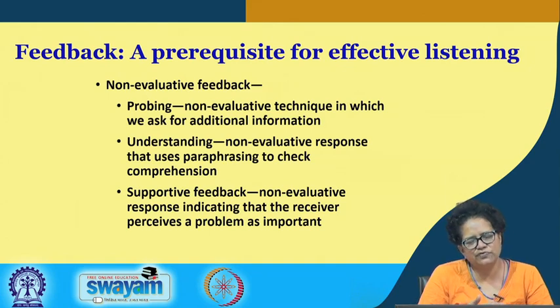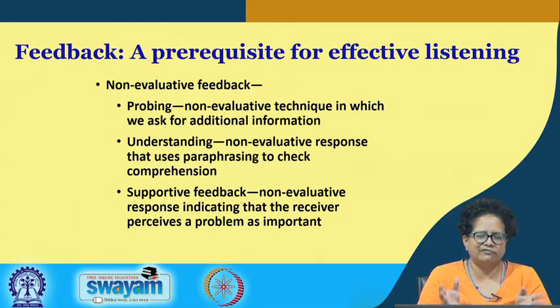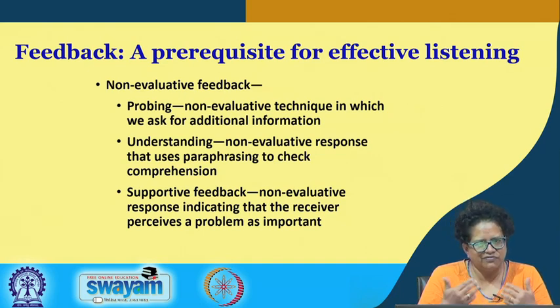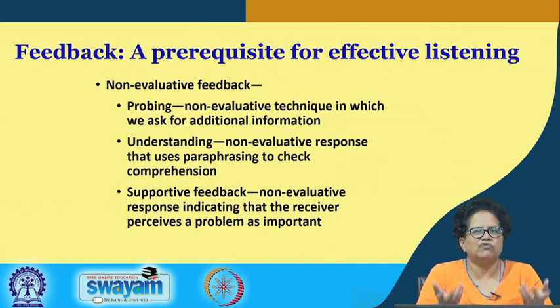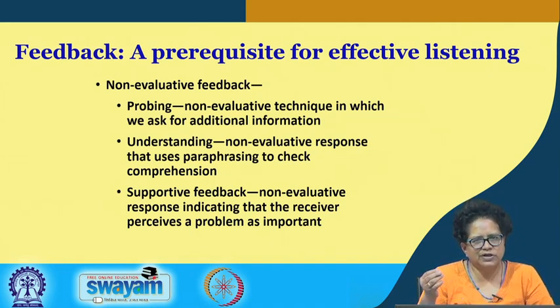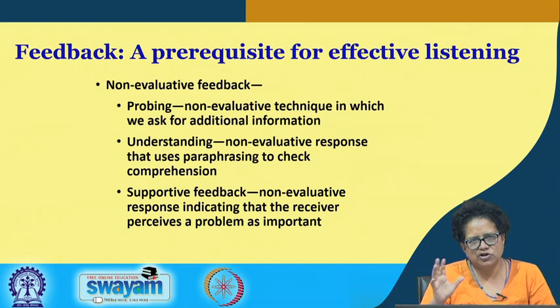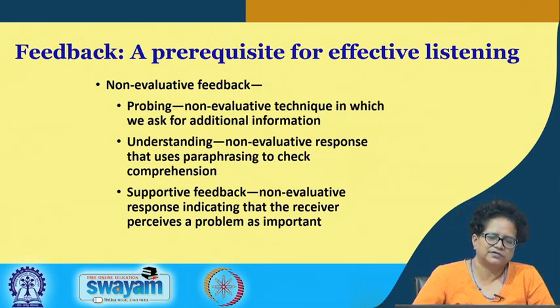As in the previous case we had formative feedback, supportive feedback is a non-evaluative response indicating that the receiver perceives a problem as important. So, when supportive feedback is given, the conversation can move further, and the initial communicator can understand that his or her conversation or the crux of the matter was important.